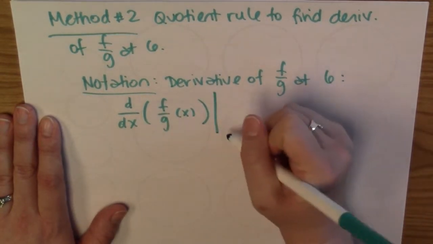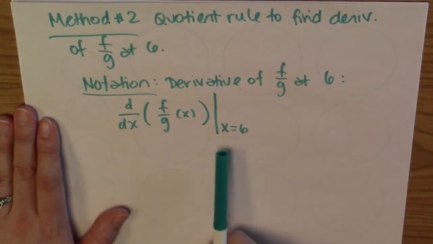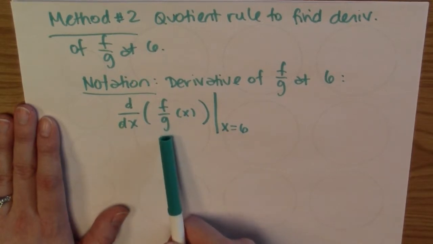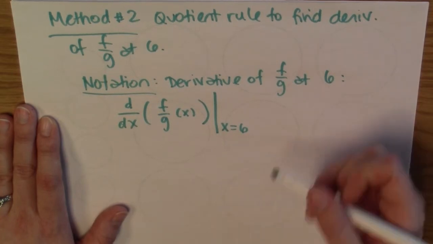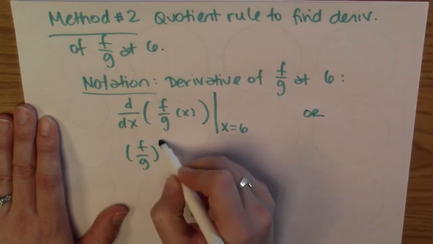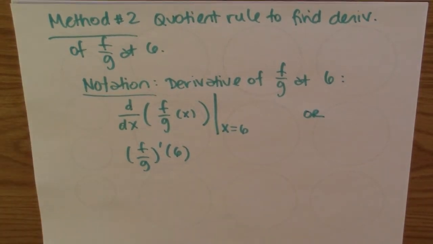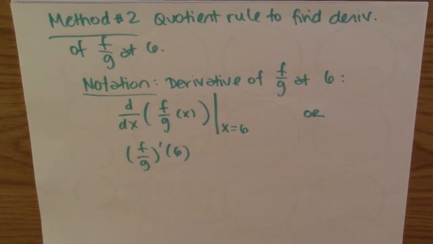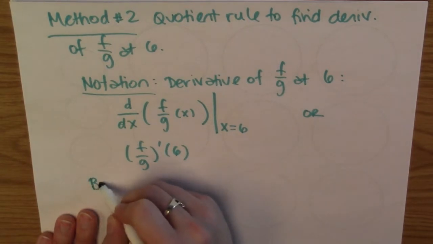And then we put a vertical bar here to denote the fact that we want to evaluate this. And then a little subscript, x equals 6. So this means take the derivative of this function and evaluate it at x equals 6. The other notation that we'll use is just to say f over g prime at 6. So the second notation is the one that I'll prefer for this example, but you'll see this other notation around as well.